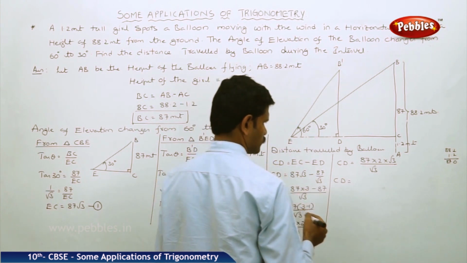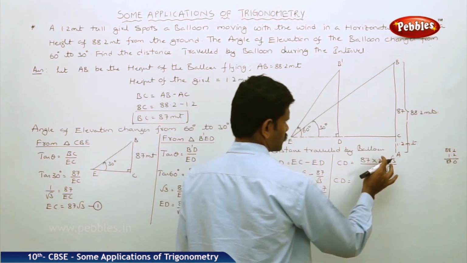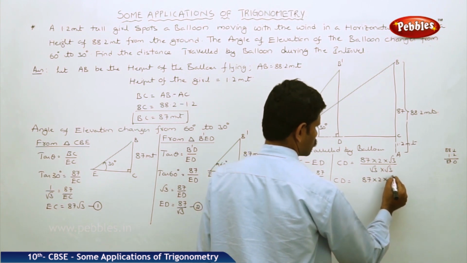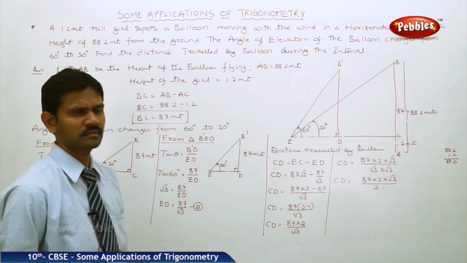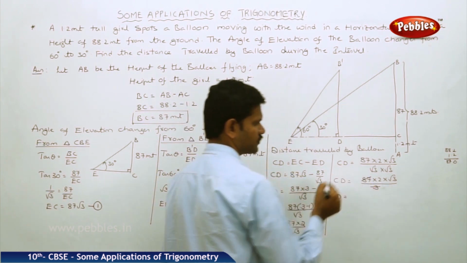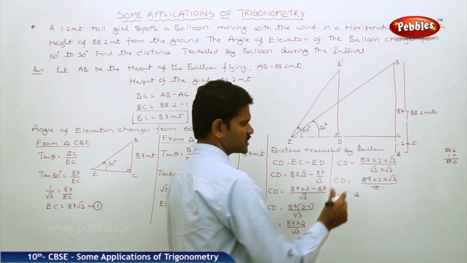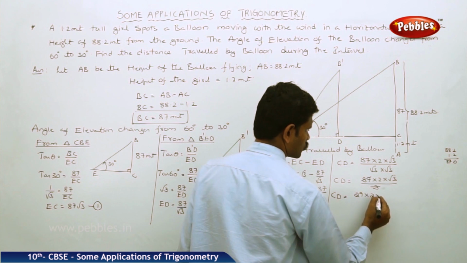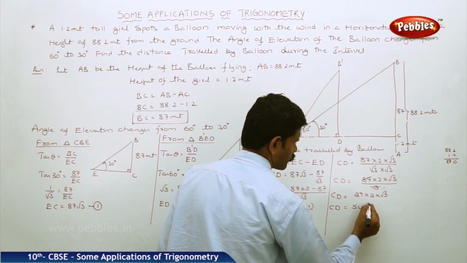CD is equal to 87 into 2 into root 3 by 3. That is, CD is equal to, 3 into 29 is 87, so 29 into 2 into root 3. That is, CD is equal to 58 root 3.